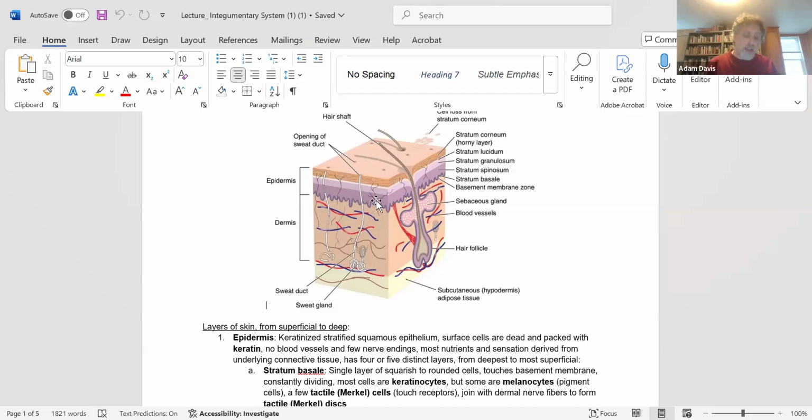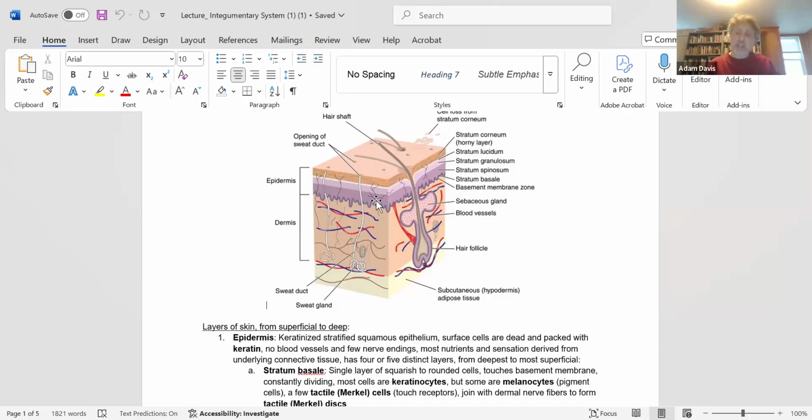Another type of cell you will find some of in this layer are dendritic cells. Dendritic cells are also known by an alternate eponymous name. They are sometimes called Langerhans cells. Capitalize that if you call them that. They're named after the German physiologist Paul Langerhans, who first described them.